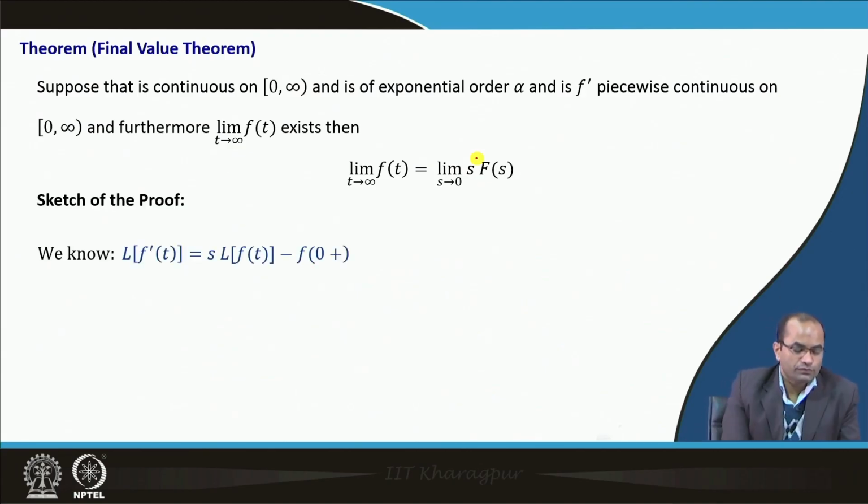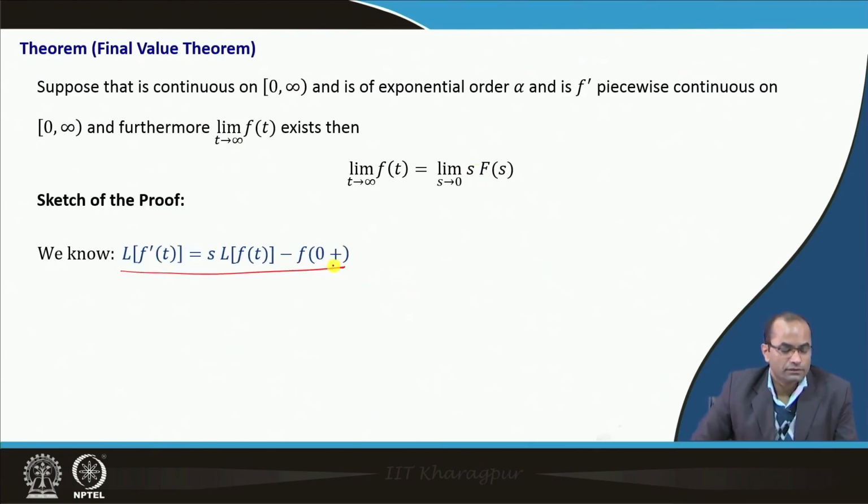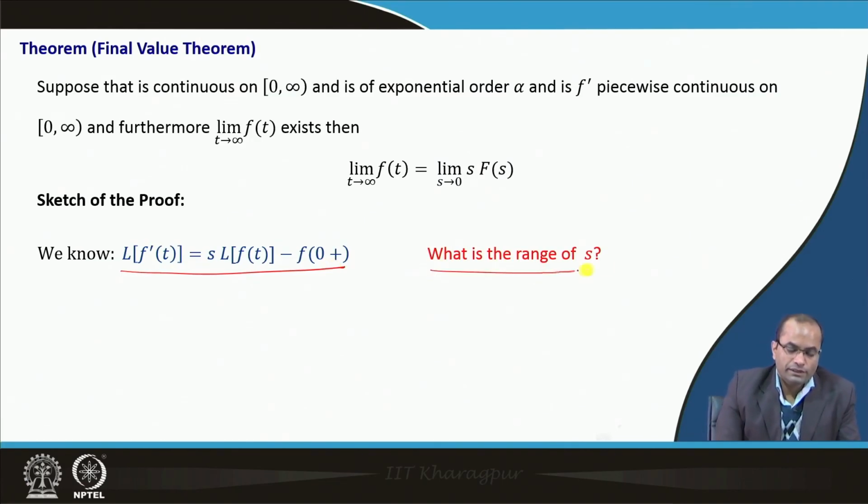Again, going to the proof. We know the derivative theorem, and now we must look at what the range of s will be where all these Laplace transforms are valid.